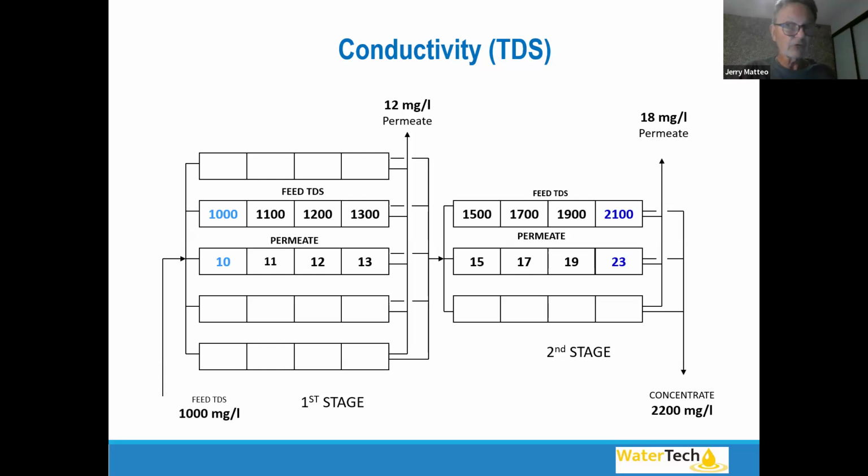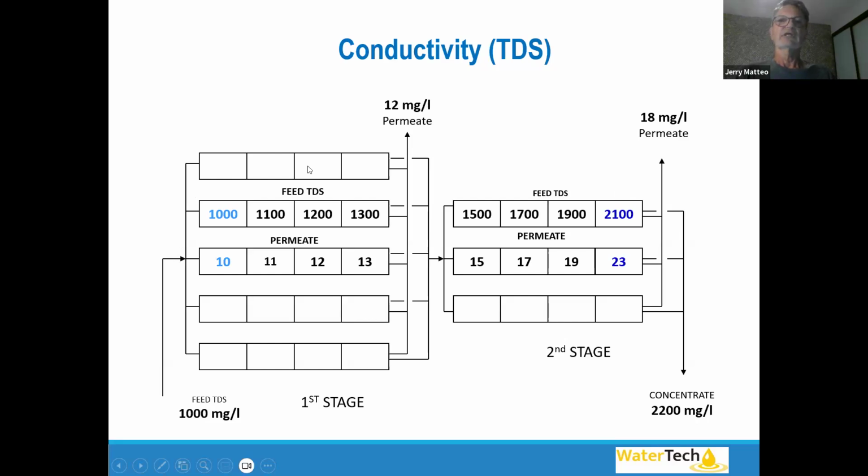The theory of RO sort of sets the stage, and these other slides talk more about what's really going on inside of the system. So here we've got a 2-stage system, a 5-3, right? First stage, second stage, 5 vessels, 3 vessels. We're feeding water. If you look down here in the bottom left, in this case, we're feeding brackish water of 1,000 milligrams per liter, 1,000 parts per million of dissolved solids.